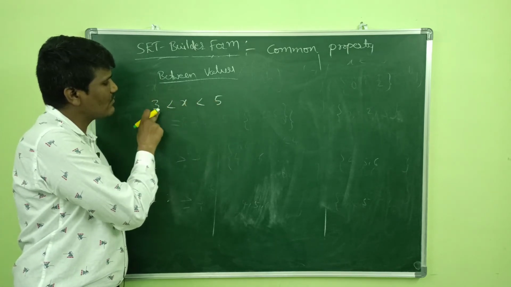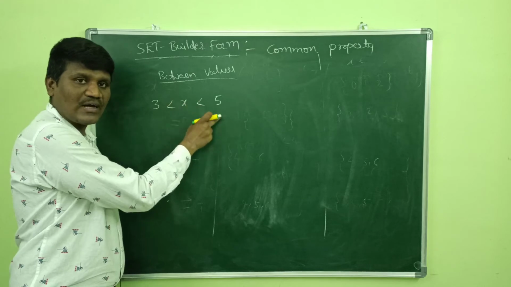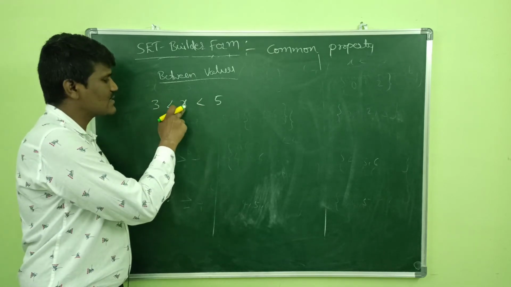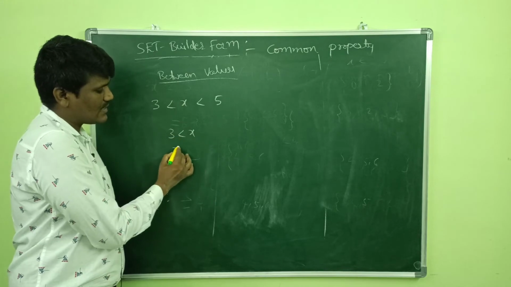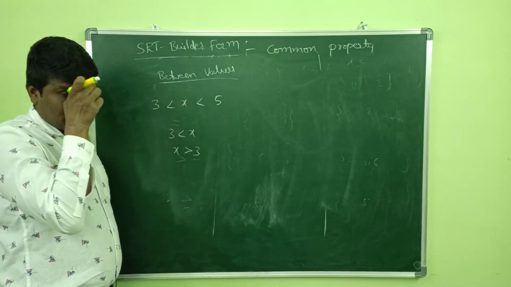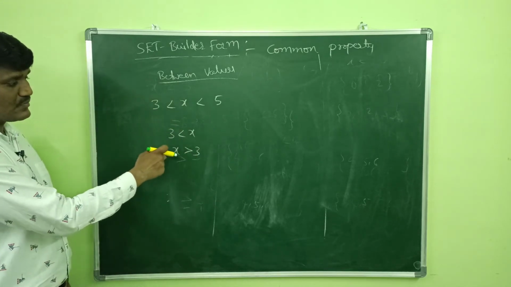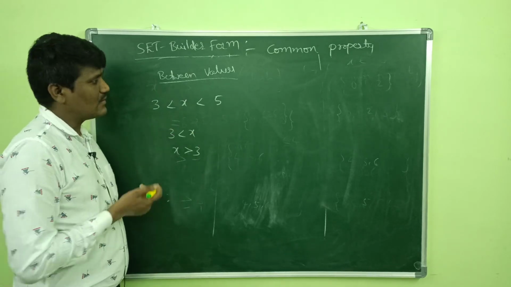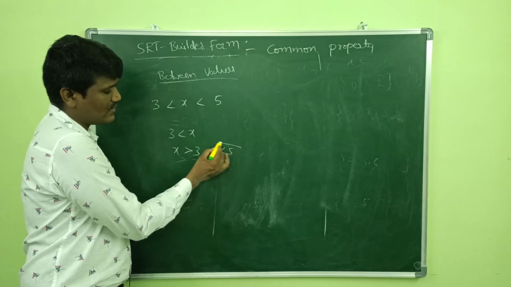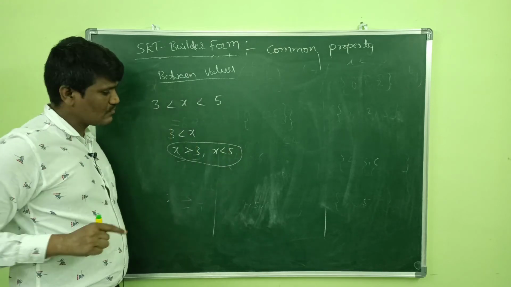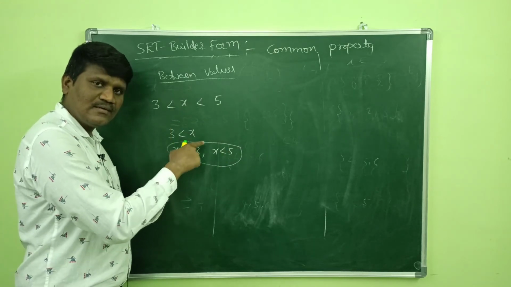So I should consider the values between 3 and 5. 3 less than x means x is greater than 3. That means x is greater than 3 and x is less than 5. This is the meaning of this. So x should be greater than 3 and less than 5.